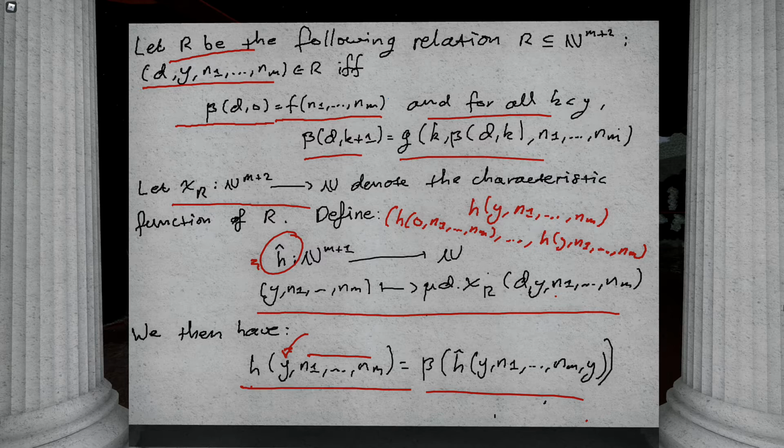Sorry, I need to rewrite the end. Okay, so what's happening there is I take h hat of this thing, which is the natural number that encodes that sequence, and then I read the yth element of that sequence, which is the final one, which is going to evaluate h at that index for me.